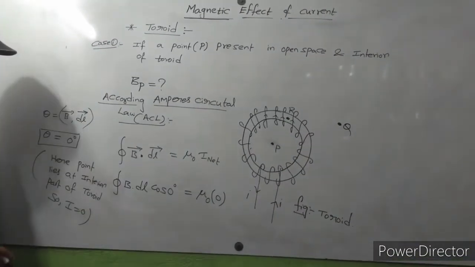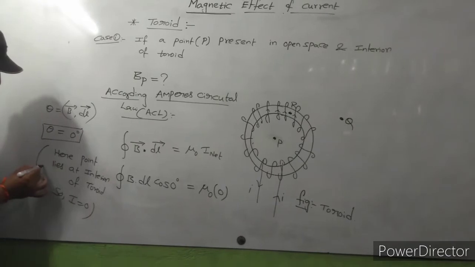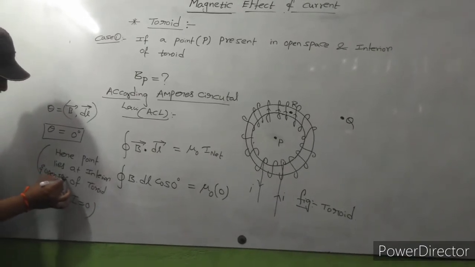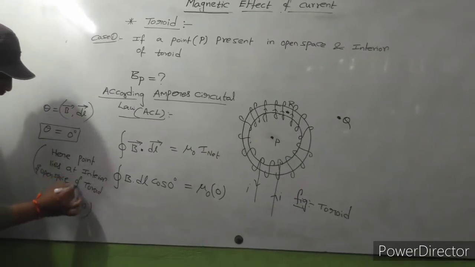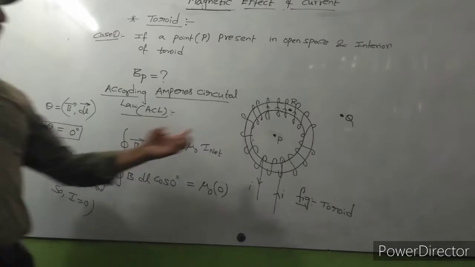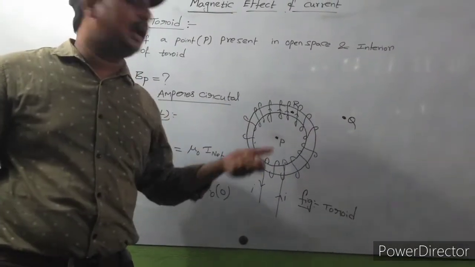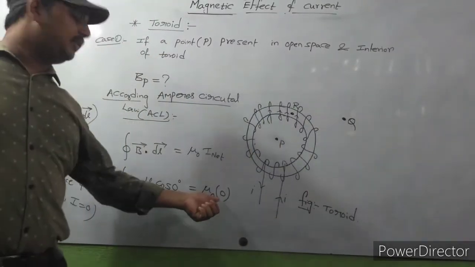Here the point lies in the interior and open space of the toroid. That means there is no current passing at that point. That's why the current value is 0.